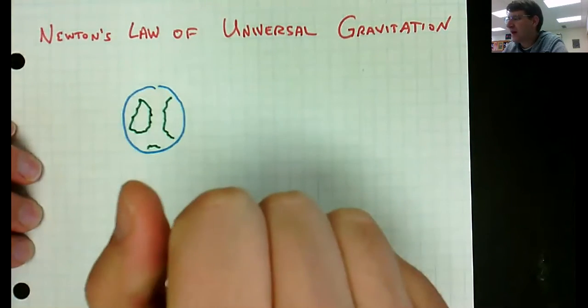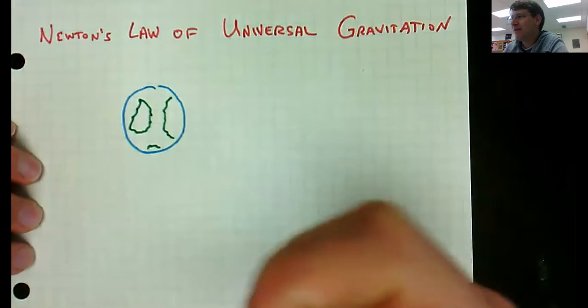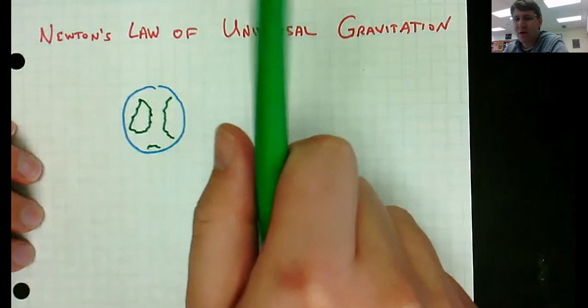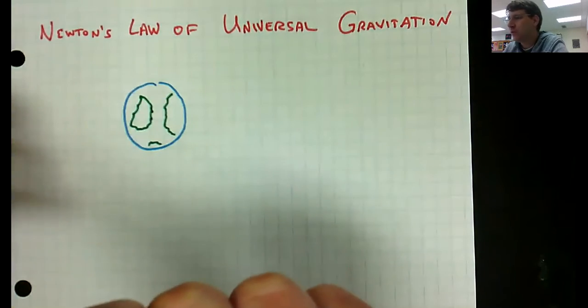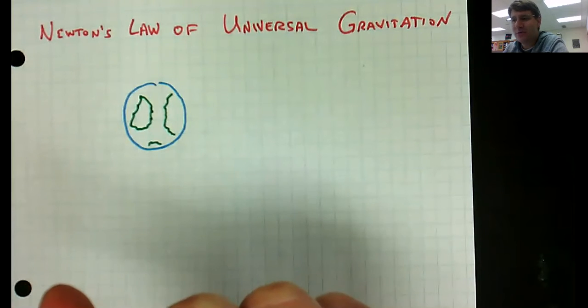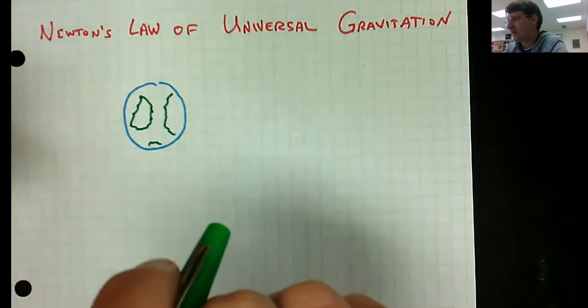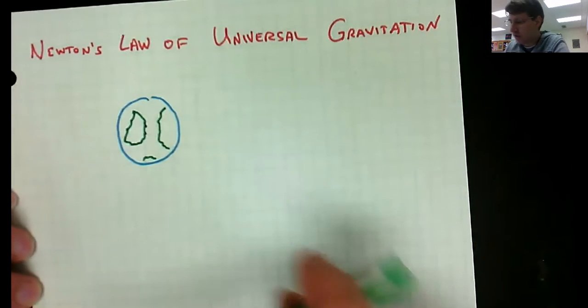At least in the West, the idea that the Earth was round has been known for probably 5,000 or 6,000 years now. But people did think that the Earth was the center of the universe, and that things like what we now call gravity just tended to go to the center of the universe. And since the Earth was the center of the universe, all things tended to go to the Earth.